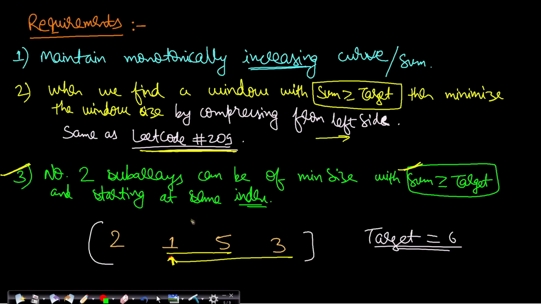Now both the subarrays have sum greater than equals to target. So this is sum 6 and this is sum 9. But then there will be only one window of minimum size starting from any index. Okay, I think this makes sense. And if it doesn't make sense, then you can just leave out this point 3. It is not very important.